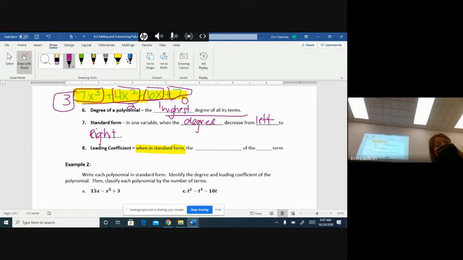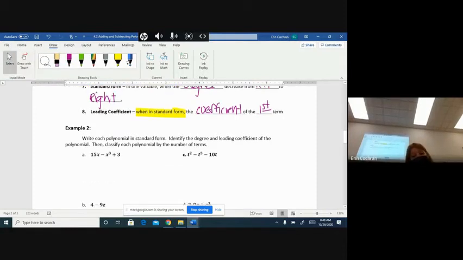What's the number in the front? 7. So it's the coefficient of the first term. So 7 would be my leading coefficient there. Does that make sense? Just the number in the very front once you're in standard form.